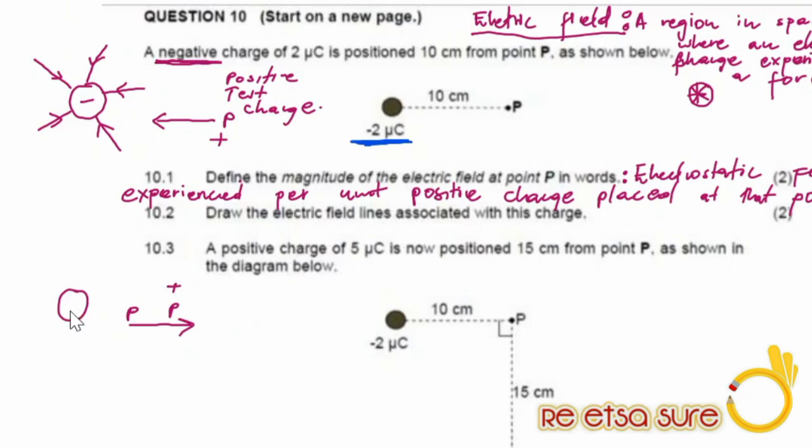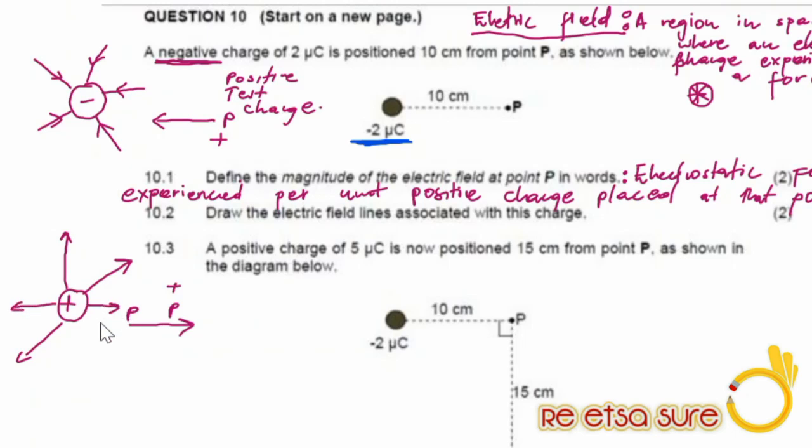Am I right? Yes, because between positive charge and positive charge we have what? A force of what? Of repulsion. So meaning for this one, I'll be having the electric field lines moving where? Moving away from the what? Away from the charge. I hope you get it right, my beautiful learners.